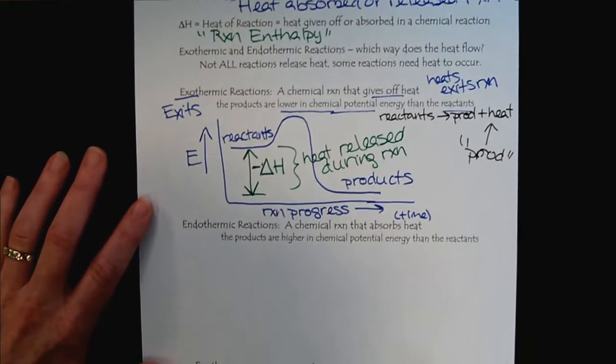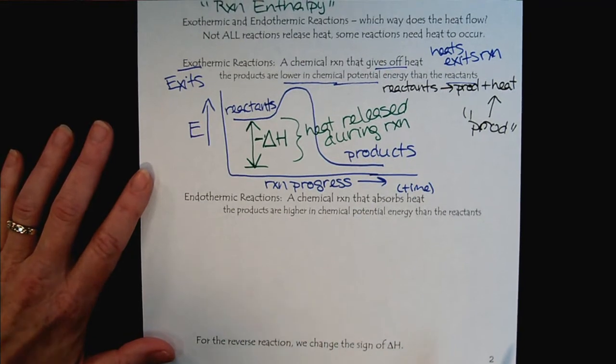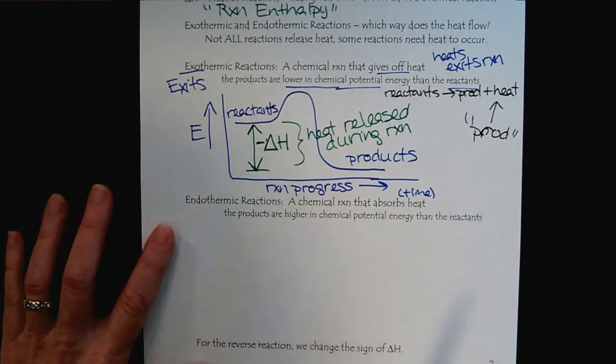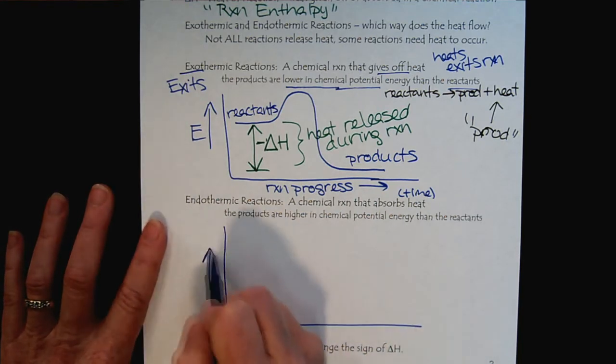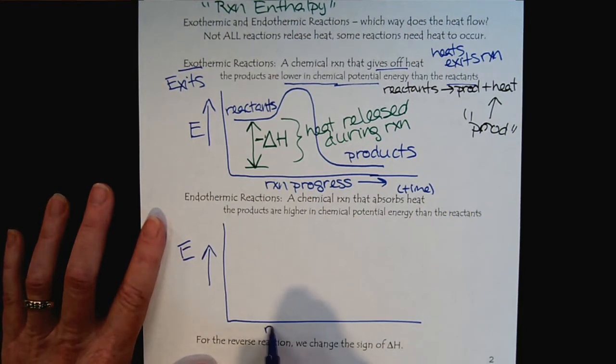We'll compare this now to the endothermic reaction. So basically we're just going to take everything we just did and reverse it. We're going to use the same graph, same style, energy on our y-axis and reaction progress on our x-axis.